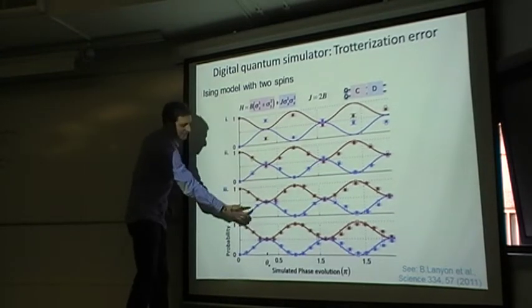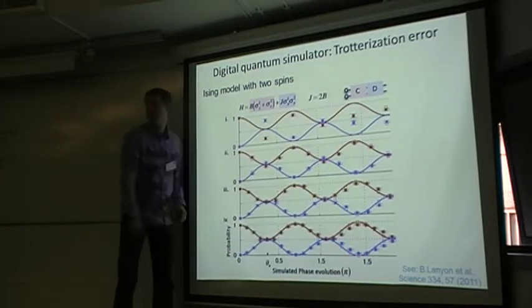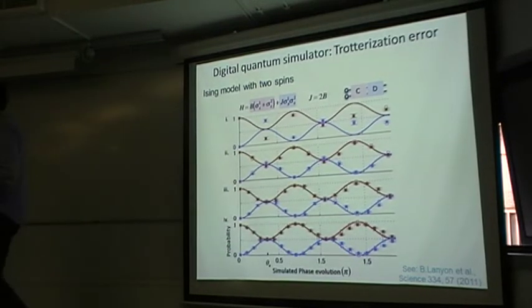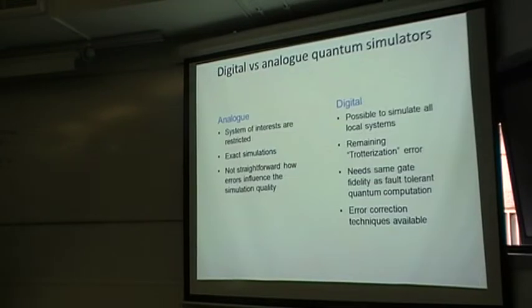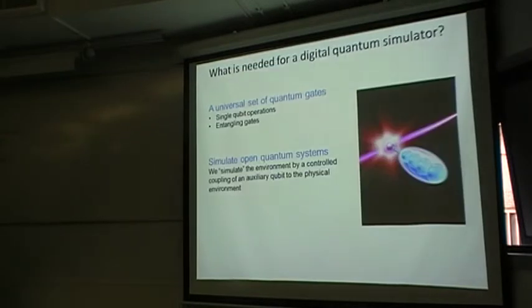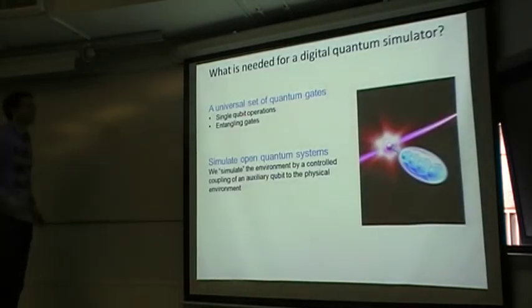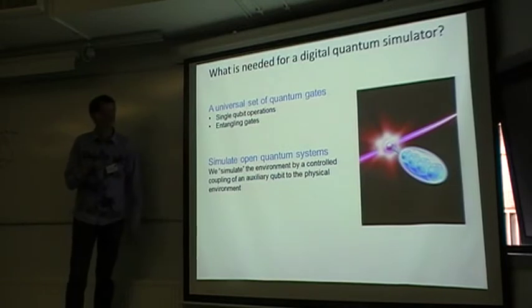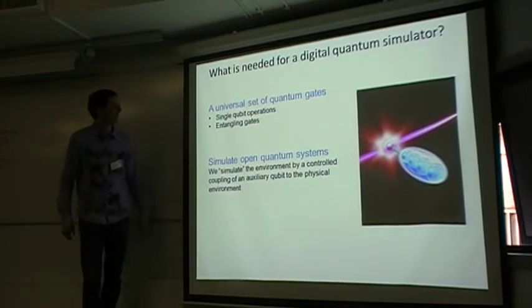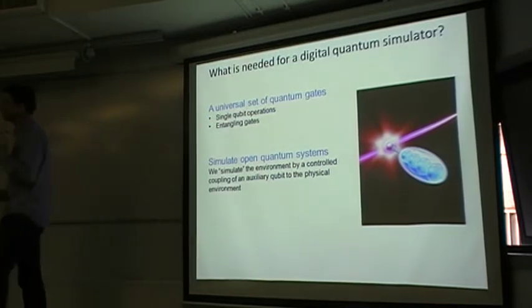But if you reduce these time steps, it actually follows this theoretical curve quite nicely. So you see that these Trotterization errors, you can really suppress quite a lot by making these time steps smaller. What I actually wanted to show you rather is to simulate, well, probably not so much anymore, that we are able to simulate open system quantum simulations.